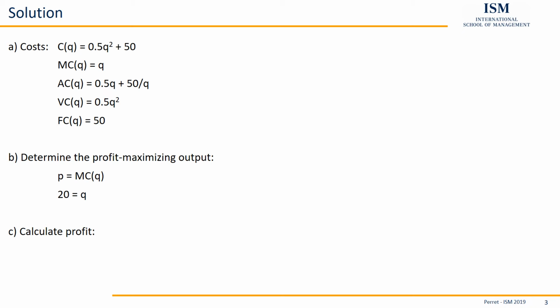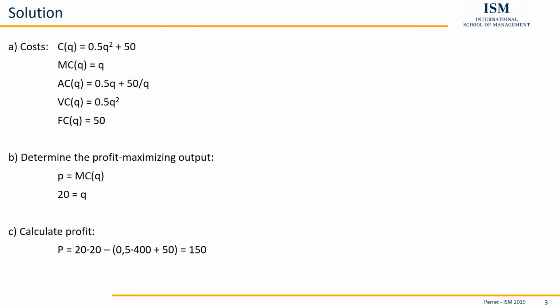And the costs we get if we insert the quantity into the cost function. So then it looks like this: 20 times 20 minus, in parentheses, the costs. So 1/2 times 20 squared, that's 400, plus 50, leaving us with a profit of 150.